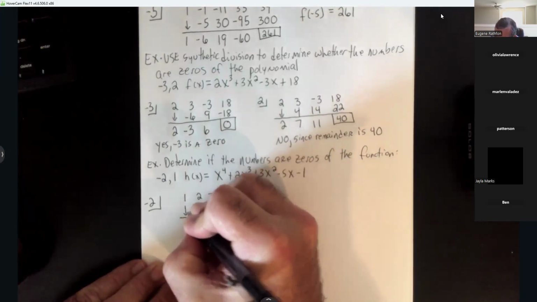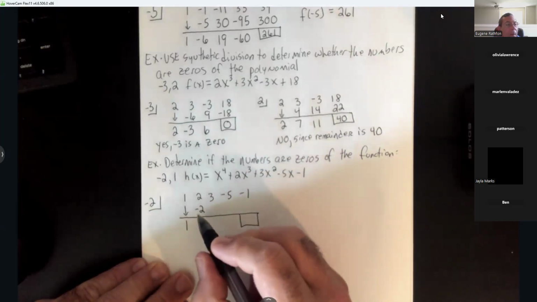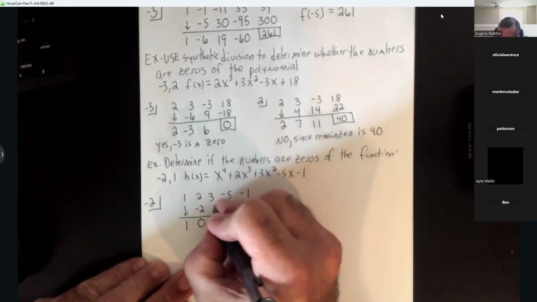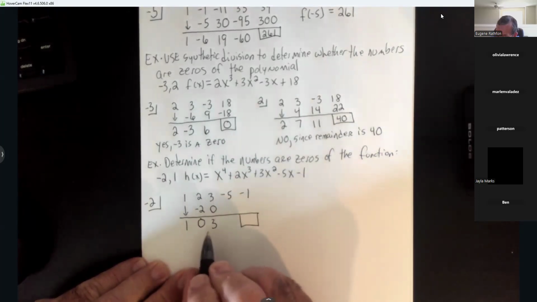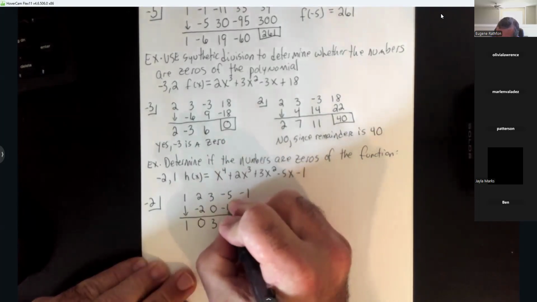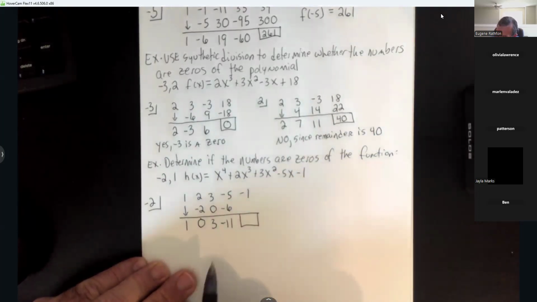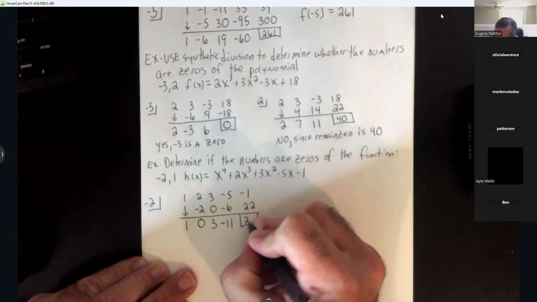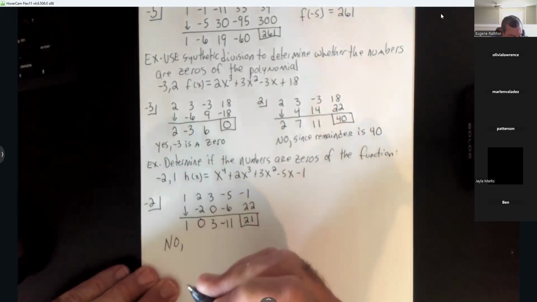So let's check. So we brought a 1 down. 1 times negative 2 was negative 2. 2 and negative 2 gave me a 0. 0 times negative 2 is 0. 3 plus 0 was 3. 3 times negative 2 was negative 6. Negative 5 and negative 6 is negative 11. So let's see. Negative 11 times negative 2 is a positive 22 and negative 1. So we get a remainder of 21. So this is definitely no.